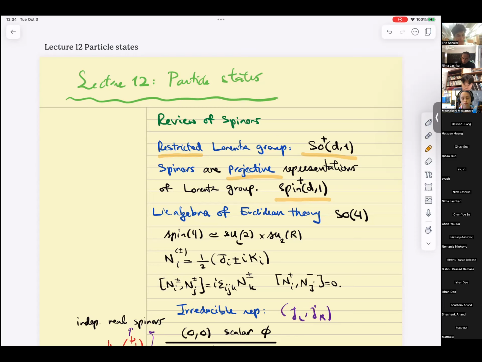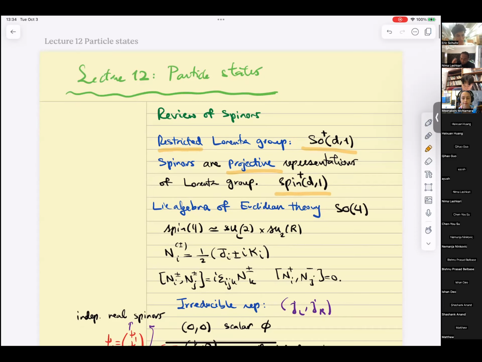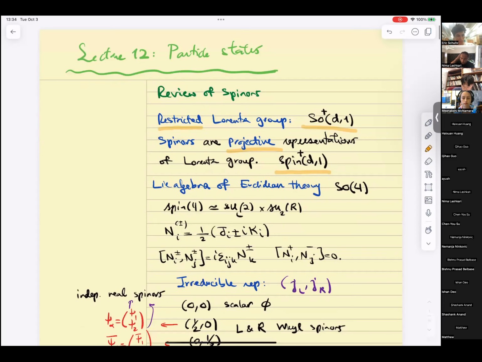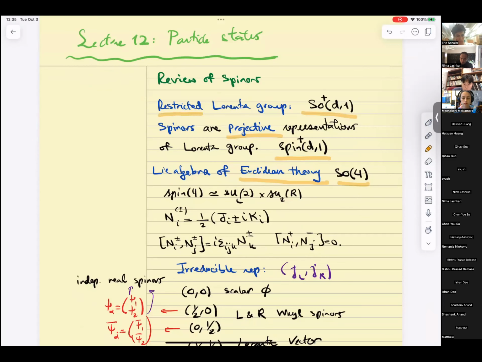All right, so the Lie algebra of the Euclidean theory, which is SO(4) in 3 plus 1 dimensions, we said that is Spin(4). This is 2 copies of the SU(2) Lie algebra, right? So these are the standard relations of SU(2).